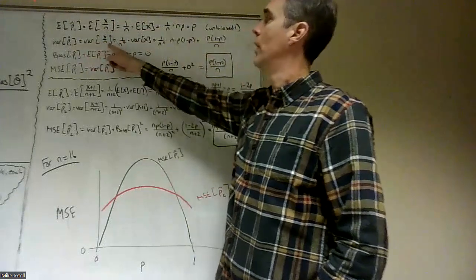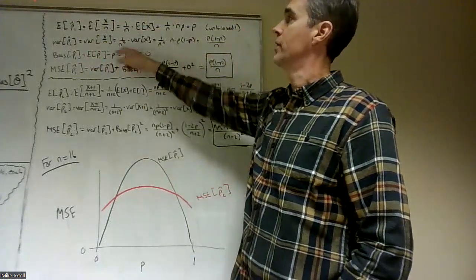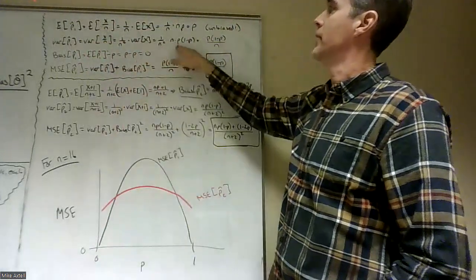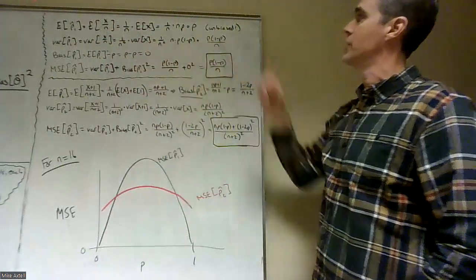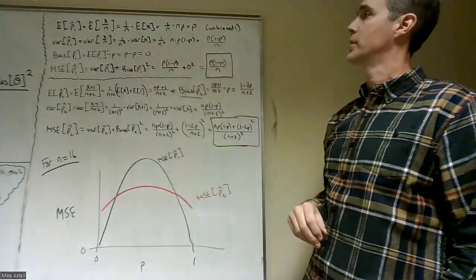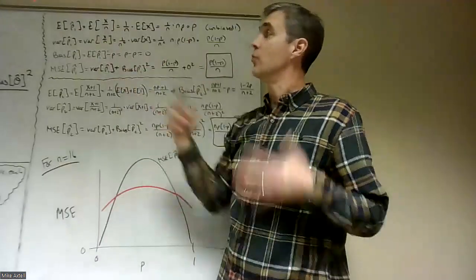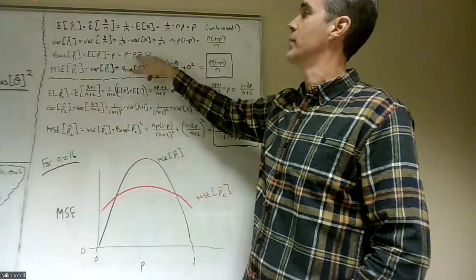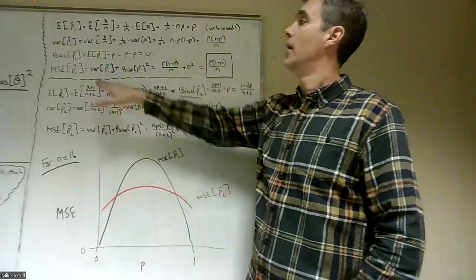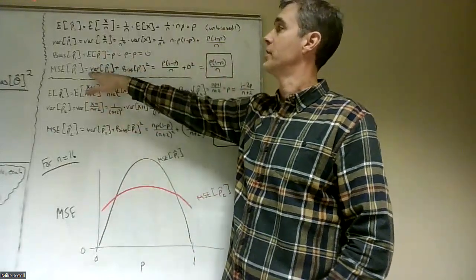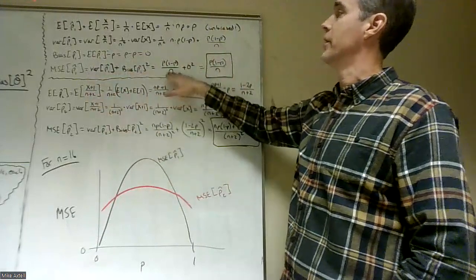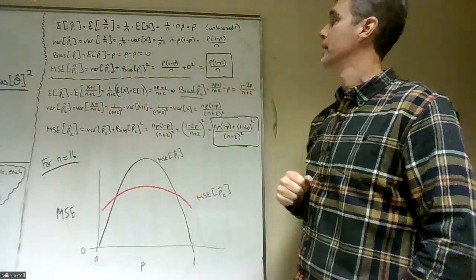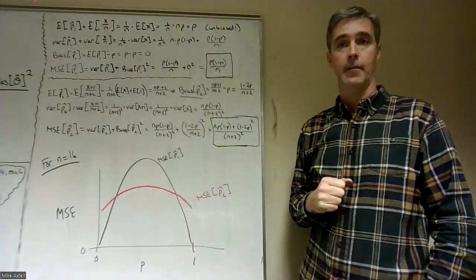For the variance of p1 hat, I can drag the 1 over n out as 1 over n squared, and I know the variance of X is np(1 minus p), so with a little simplification, I get p times (1 minus p) over n. The bias is the expected value of the estimator minus p, that's p minus p, which is 0, because it was unbiased. Then the mean squared error is the variance plus the square of the bias, so there's the variance, there's the square of the bias, and there's the MSE value for p1 hat.